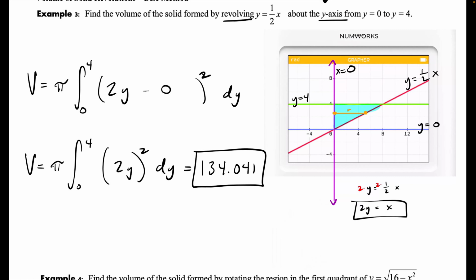Oops, no, sorry, wrong problem. It's 260 something. Sorry, that's the answer to the next problem. This one is 268.083. I figure that's why no one was saying anything.